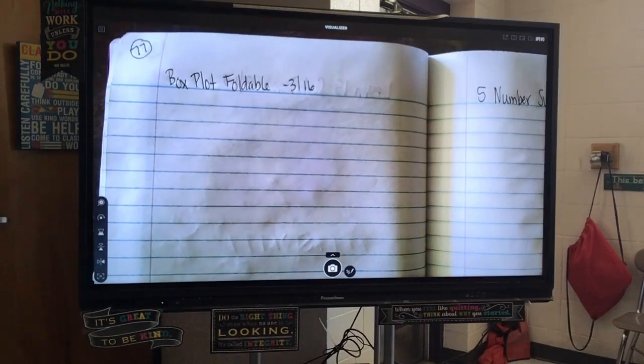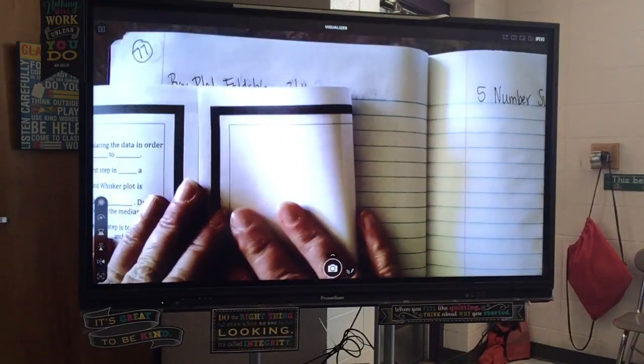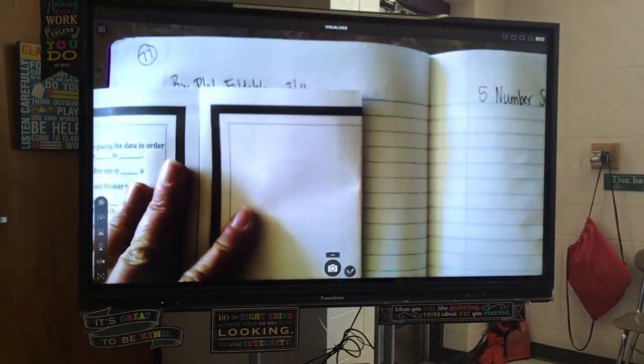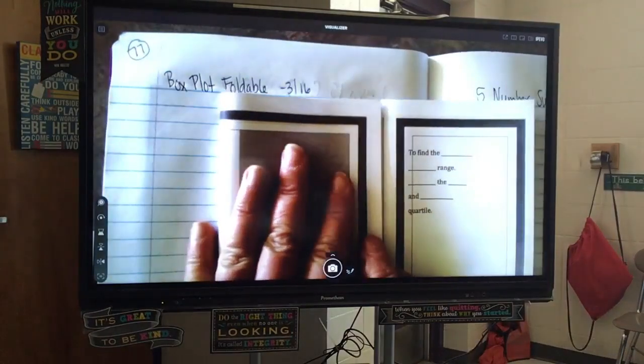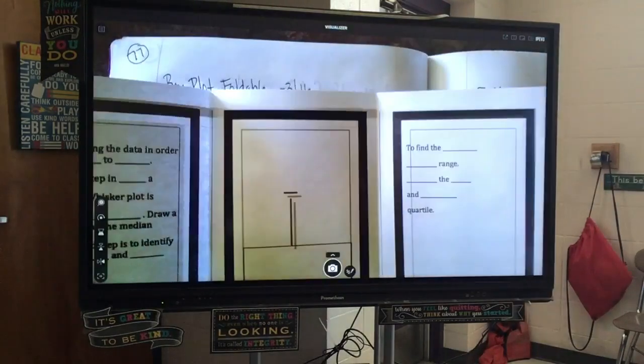So please take your foldable. You're going to fold it like a brochure. So essentially you have 3 sections.